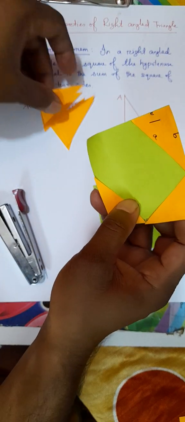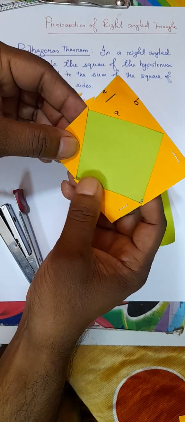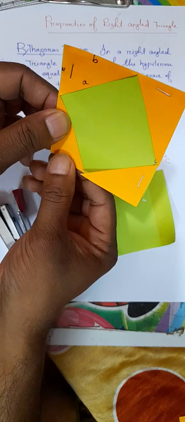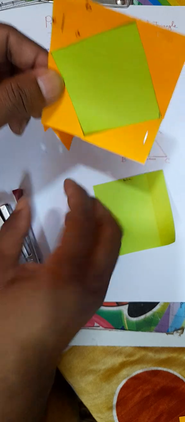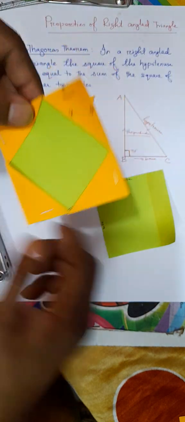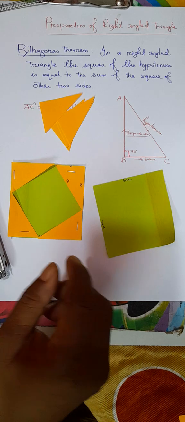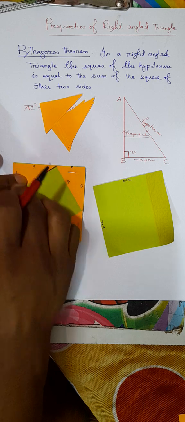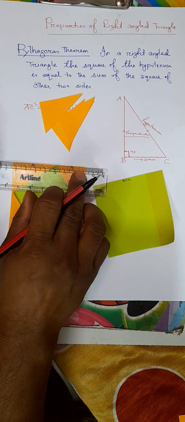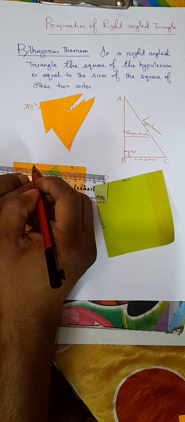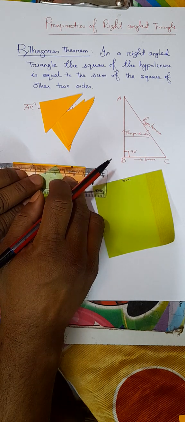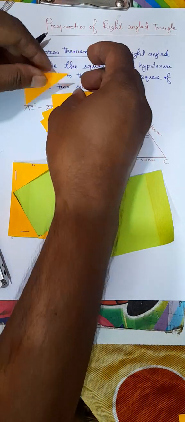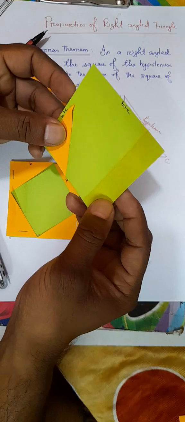And one more triangle we will be fixing here. So you see this length is b, this is c, so side of this square is b plus c, right? This length is c, this is b, so side length of this square is b plus c. Now rest of the 4 triangles we will be fixing here.